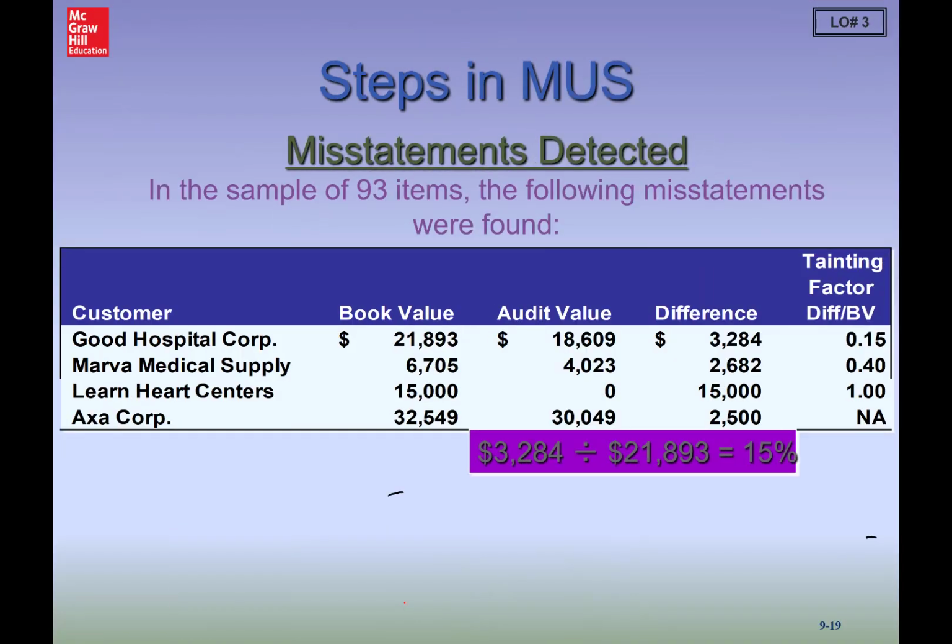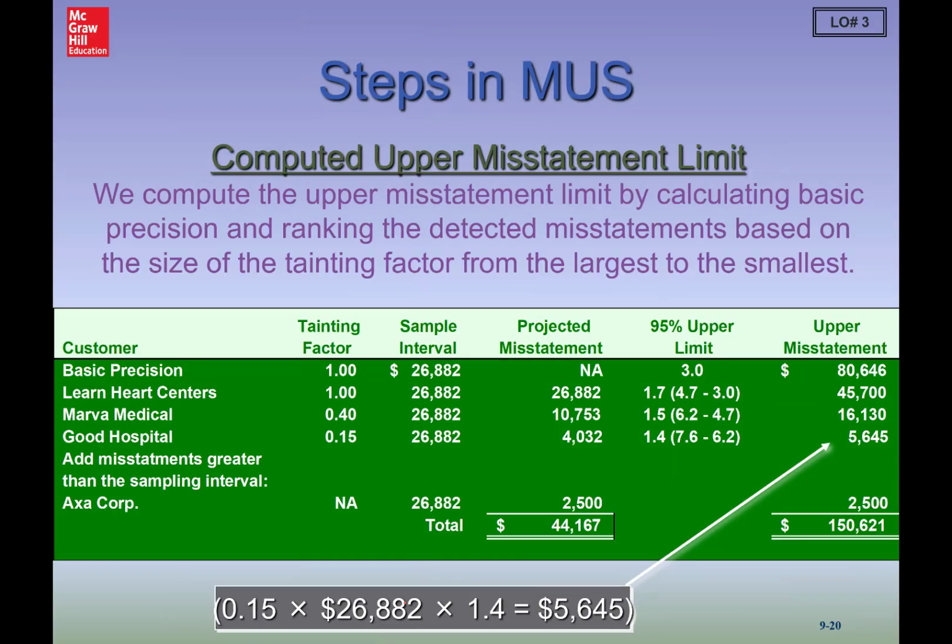We applied that to the 10,753, and we have an upper limit of 16,130. Then we do the Good Hospital. That was the 0.15 tainting. We apply that to the interval. That gives us our projected misstatement. We apply the incremental amount to that. That gives us our upper limit for that item.